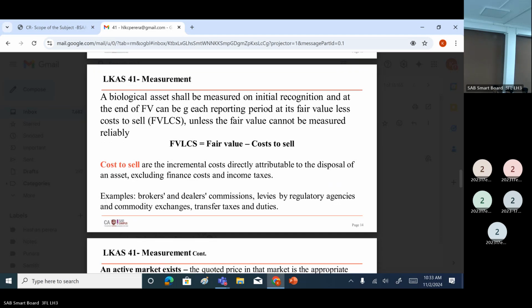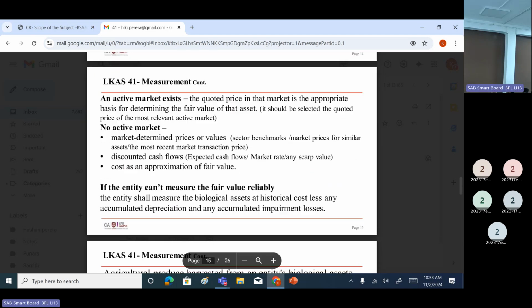So here we have summarized how we can get this fair value. Active market exit, as I said, if there's an active market, how can we get it? You can easily get the quoted price for the identical asset, that particular asset. No active market, or active market is a factor. What you have to do?